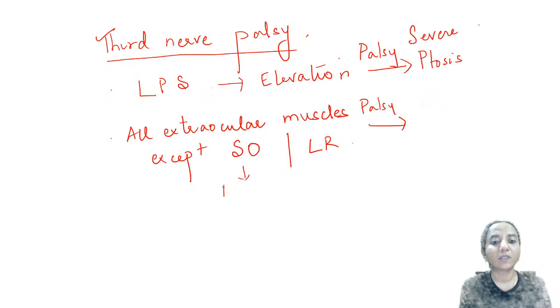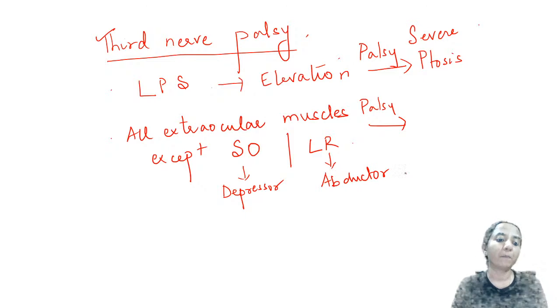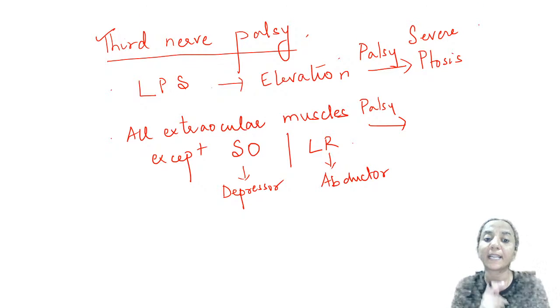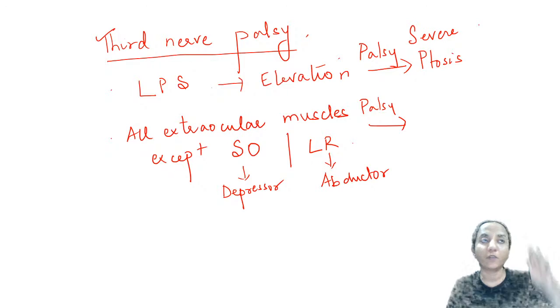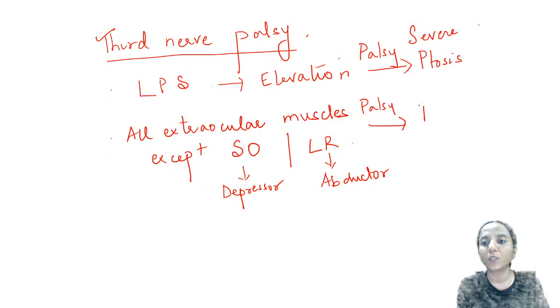Now see, the SO is a depressor and the LR is an abductor. So when there is a complete third nerve palsy, the main movements that are left in the eye are the movement of the SO, which is depression, and the movement of the LR, which is abduction. So the eye is depressed and abducted, meaning the position of the eye is down and out, as you saw in this picture.